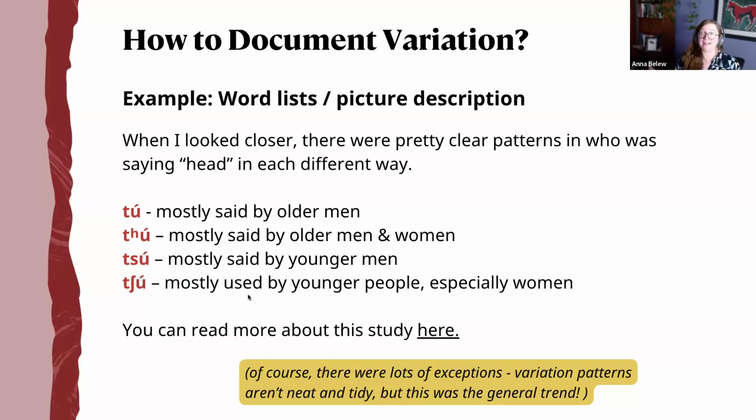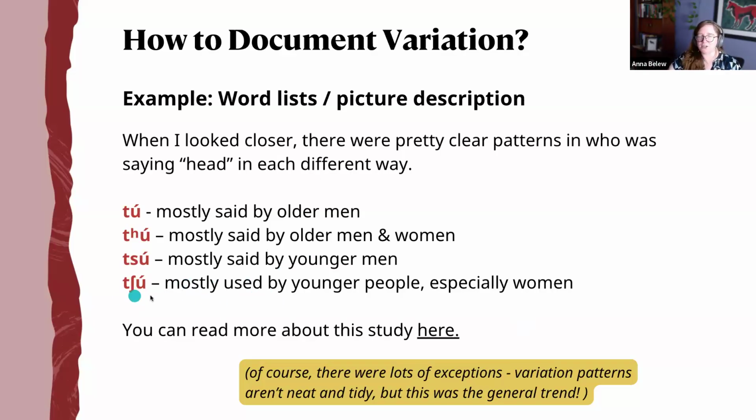So without knowing it, I had kind of learned the appropriate pronunciation for my own age and gender as a younger woman. And my teacher was also a younger woman. So I just thought everybody said chu. But it turns out actually, and if you're a sociolinguist, you might see something familiar here.